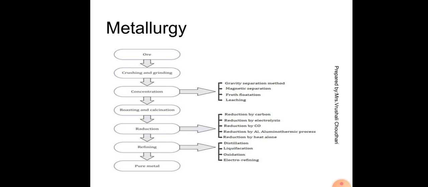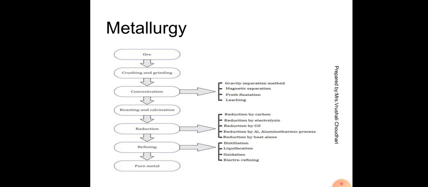After removal of impurity, we get a metal oxide and we have to convert the metal oxide into the metal. So we are reducing, or removing oxygen from, the ore. That is called reduction. Reduction can be done by carbon, that is called smelting.